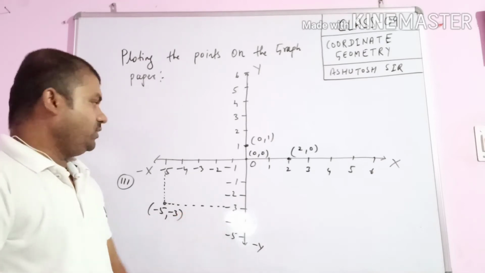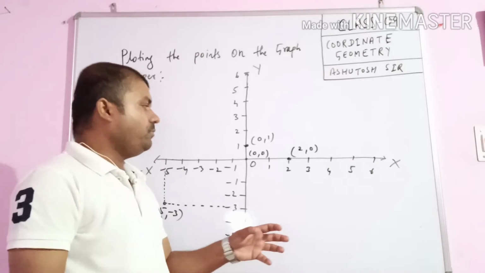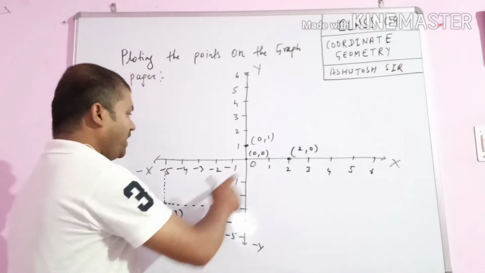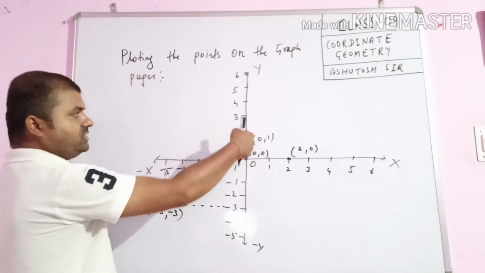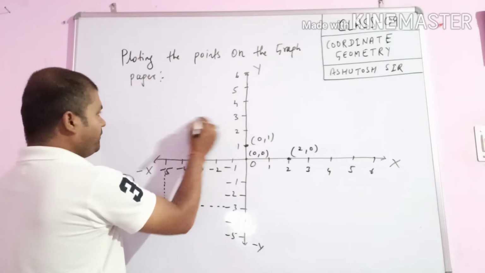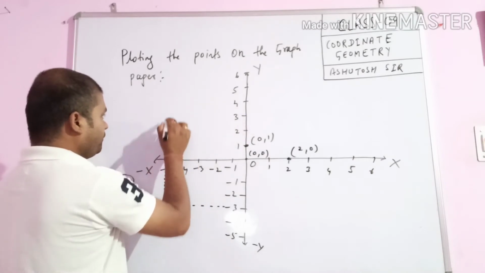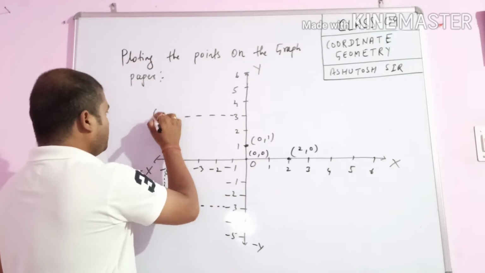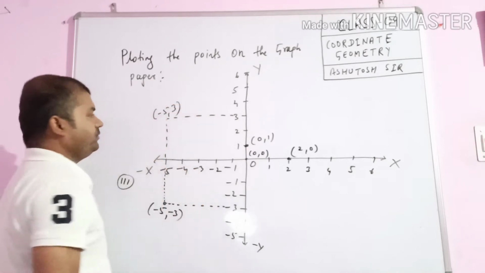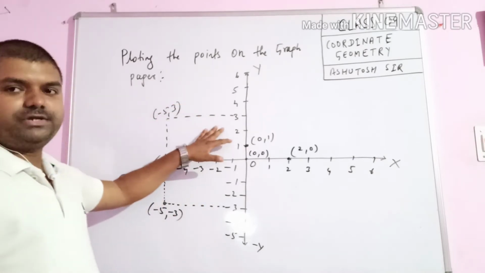In the same way, if you plot minus 5 and 3, then minus 5 is here and 3 is on the y-axis. So minus 5, 3 is minus plus, in the second quadrant.